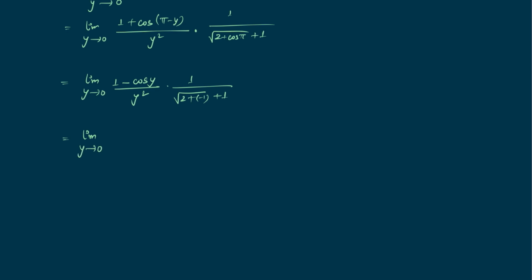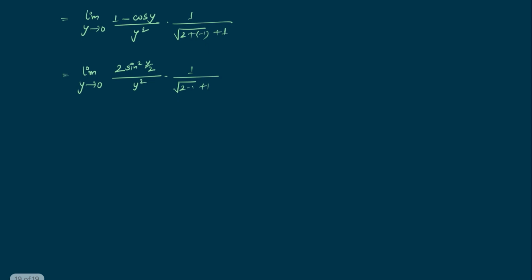Again, here we are using the multiple-angle formula, so 1 − cos y can be written as 2 sin²(y/2). So it will be limit y tends to 0 of 2 sin²(y/2)/y² into 1/(√(2 − 1) + 1).